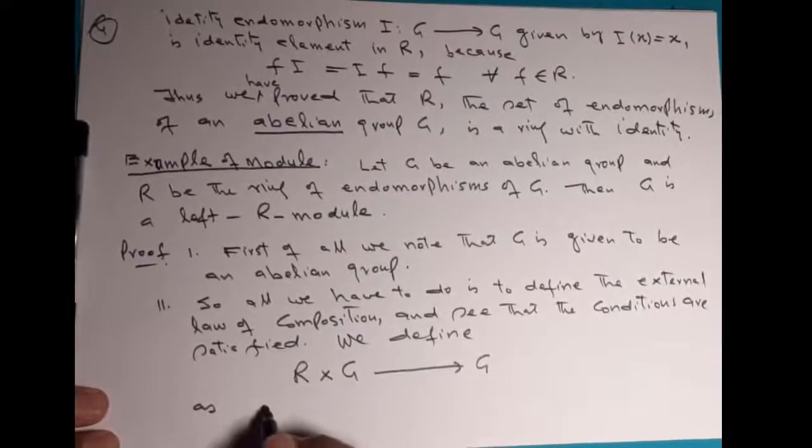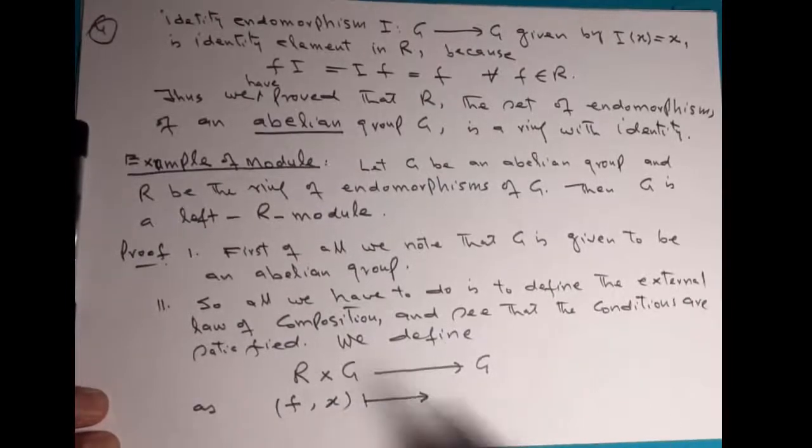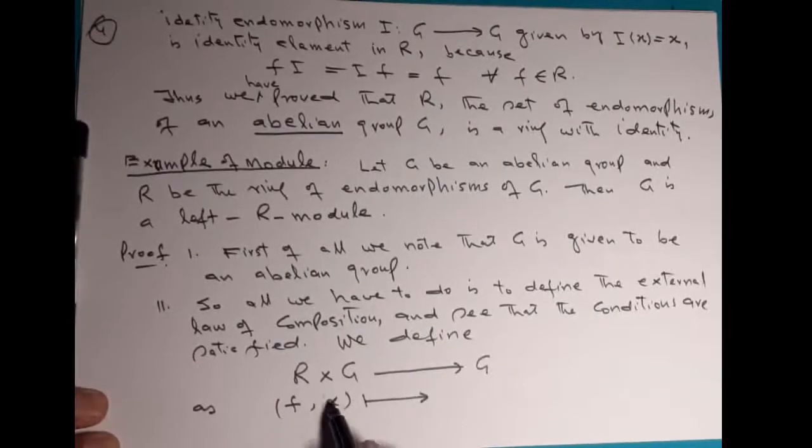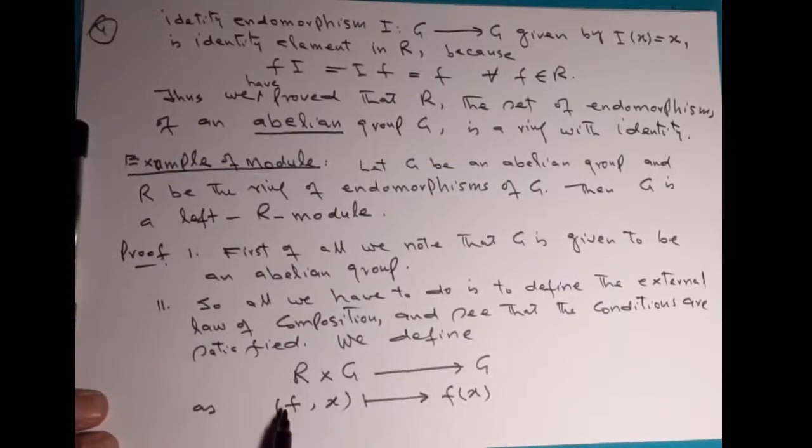Suppose we are given an element f of R and x of G. Then note that f is an endomorphism from G into G. So f will act on x, because x is an element of G. So this will be fx, and fx will belong to G. So this is the way we define scalar multiplication.